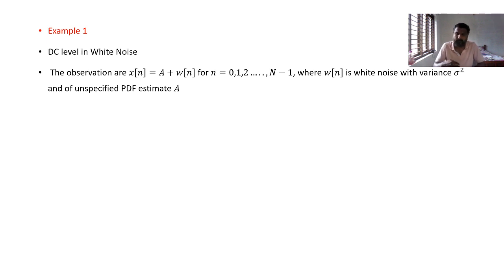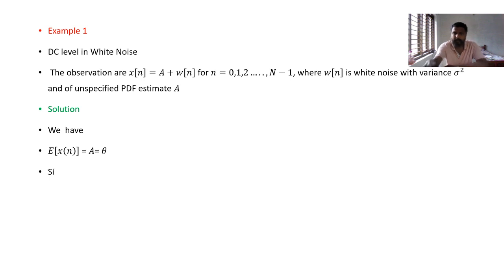The solution for that is we have x of n, expectation of x of n is equal to A, or theta. Expectation of x of n equal to A, that is equal to theta.